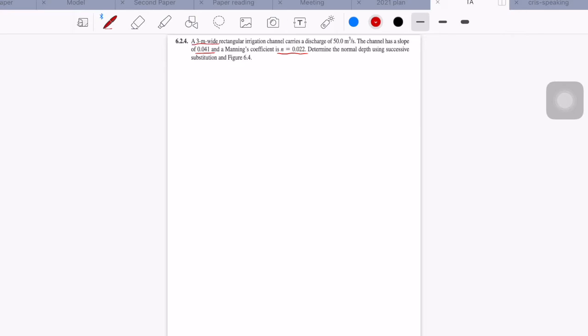And we know this is a rectangular channel, and the width b equals 3 meters. And we assume that the normal depth is y_n. So we know the flow area A equals b times y_n equals 3 times y_n, and the wetted perimeter P equals b plus 2 times y_n.